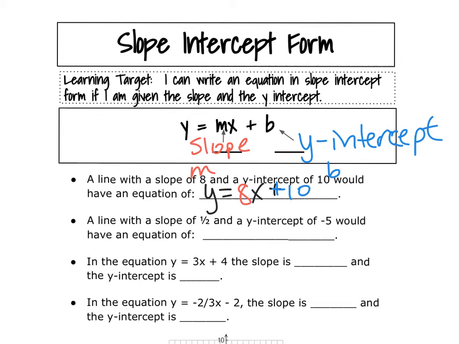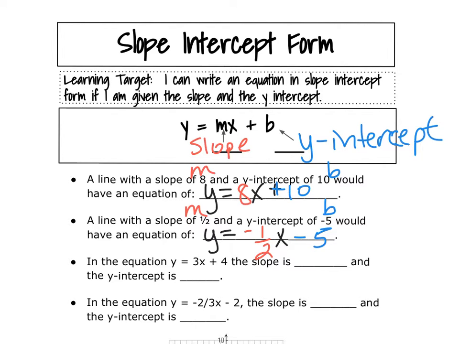Okay, so if we have a line with a slope of 1/2 and a y-intercept of -5, 1/2 is going to be m, our slope. -5 is going to be b, our y-intercept. So our equation is going to be y equals 1/2 x minus 5.